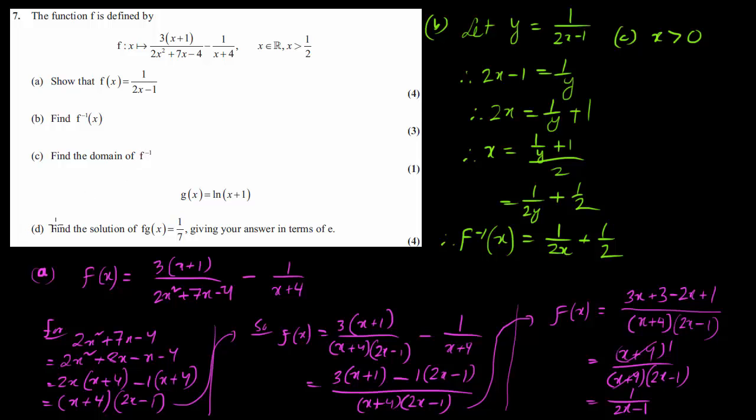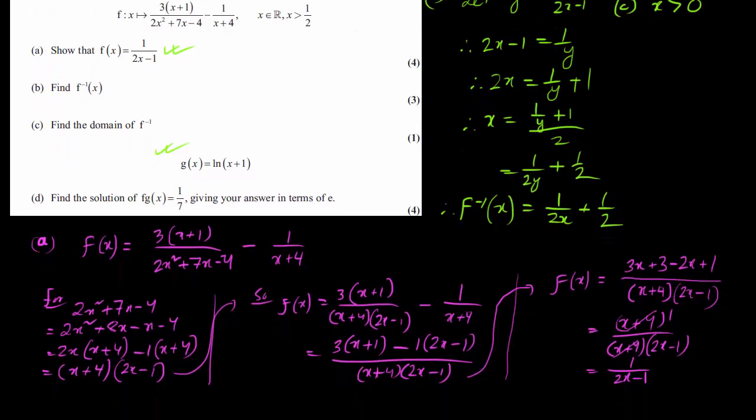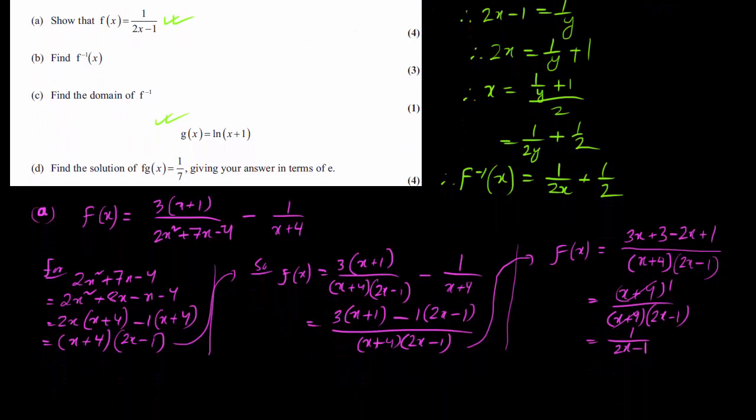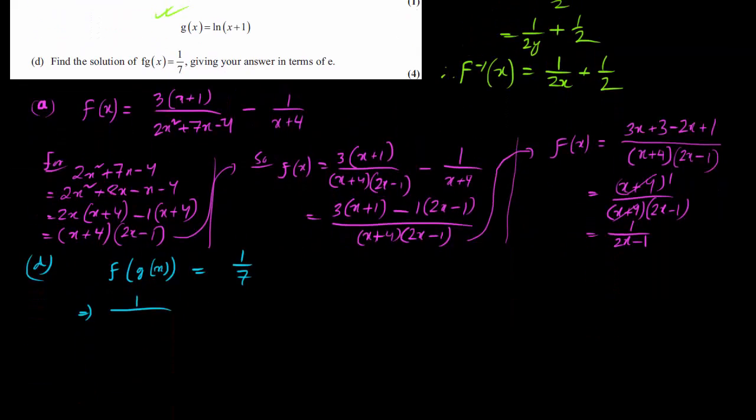Now the final one is a composite function. We know f(x). Remember, from now on f(x) is this one, and we know g(x). We have to find the composite function fg(x) and solve it. So question D turns out to be, g(x) is inside of f(x), so fg(x) equals 1 by 7. f(x) is 1 by 2x minus 1, so instead of x, we write g(x).